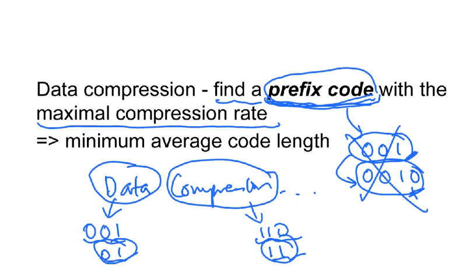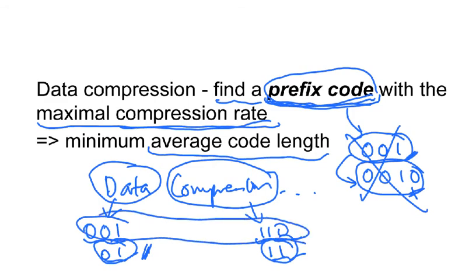Can you understand this? The higher the compression rate, the lower the average code length. As we can see here, the average for this part is 3 and the average here is 2. More or less, the idea is something like that. We'll get to understand this more as we go along.